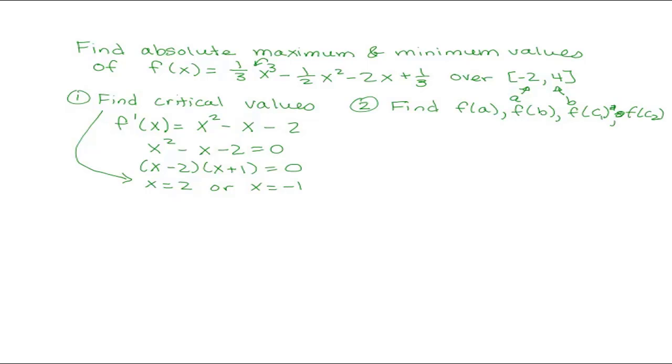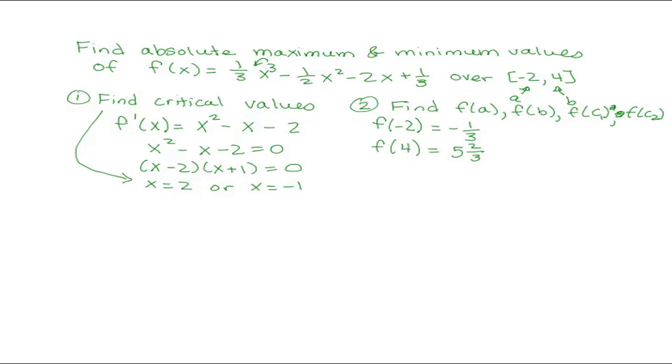Okay, let's start off by plugging in the endpoints. f of -2: I used a calculator earlier, and I found this was -1/3. The rightmost endpoint, f of 4: again, I used a calculator before, and I got 17/3, or as a mixed number 5 2/3, or approximately 5.67 as a decimal.